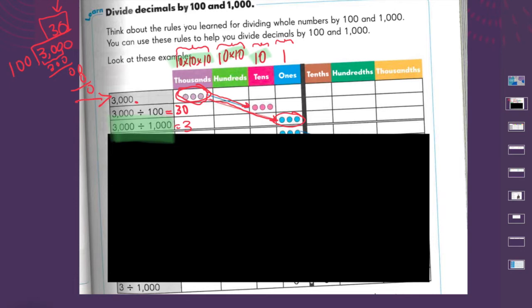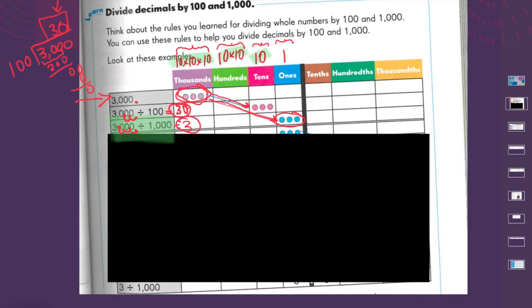So when we divide 3,000 by 100, we can see that the decimal point moved 1, 2 places to give us 30, 2 places to the left. And when we divide by 1,000, if our decimal point is at the end of 3,000, the decimal point moves 1, 2, 3 places to the left to give us the whole number 3.